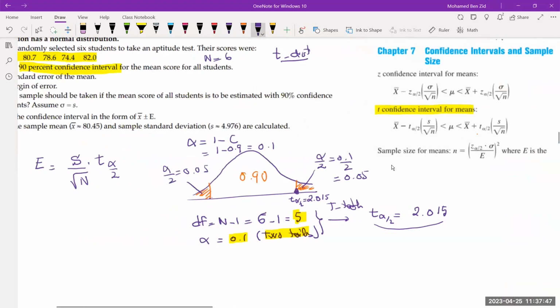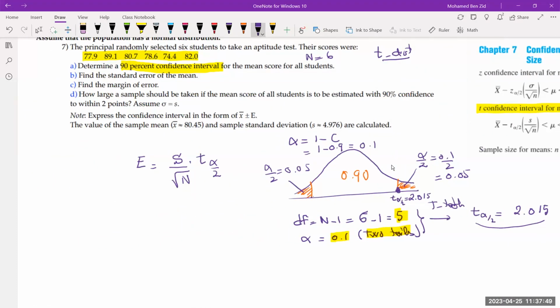So now I'm going to calculate the error. Remember, the error is the distance from here to here. That's the error. This is E and this is E. So calculating the error is going to be S. Although we don't have the S, they gave us the S here. So this is going to be 4.976 divided by radical 6 times 2.015.